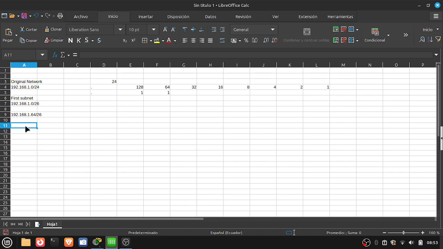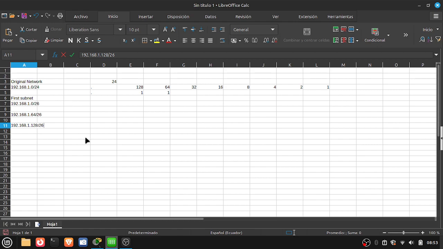Well, you just have to add 64: 192.168.1.128. We said that we have 4 subnets, but we only need 3, so I'm not going to calculate the 4th subnet.